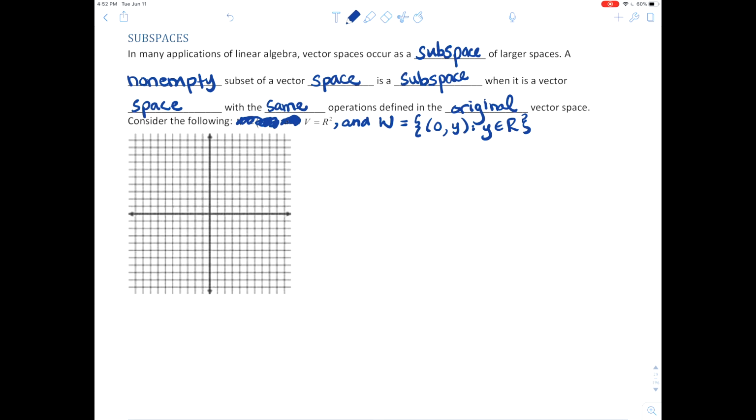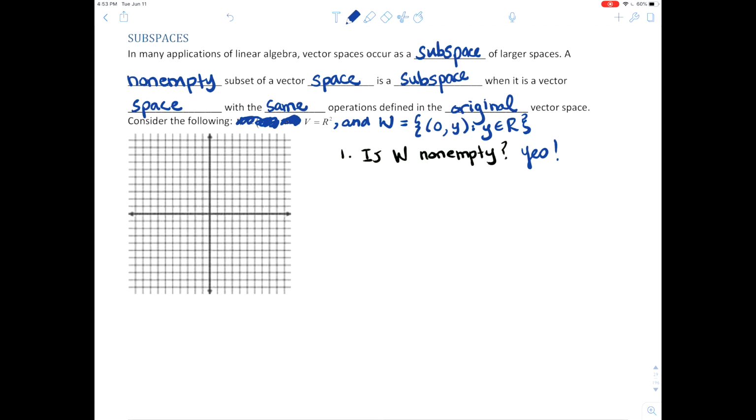And let's take a look at this. Would you agree that, first off, there's certain things, okay? One is the set W non-empty. Does it have at least one element? Yes, it does. It has infinitely many vectors in there because y can vary as anything, and the first one has to be 0. So we can answer yes to that. And let's take a look at pictures of it.